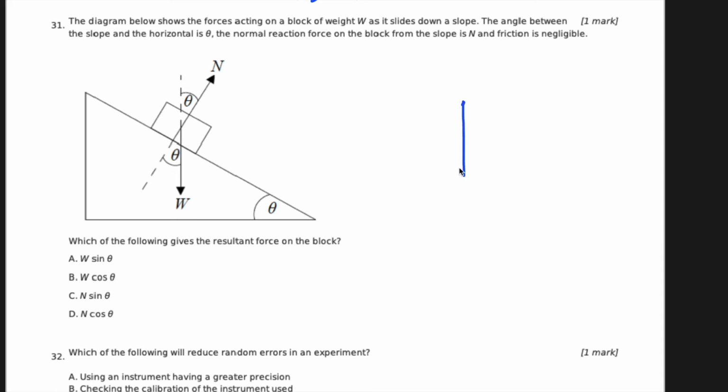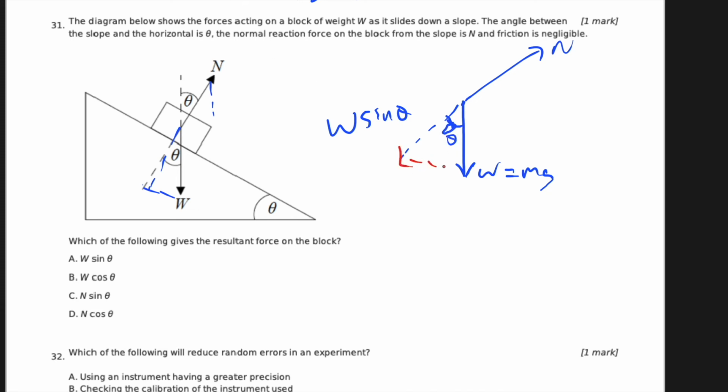So weight is equal to mg, and there is the normal force N, and then you can also separate the weight into different components. W sine theta is this one, and here is going to be, oops, sorry.